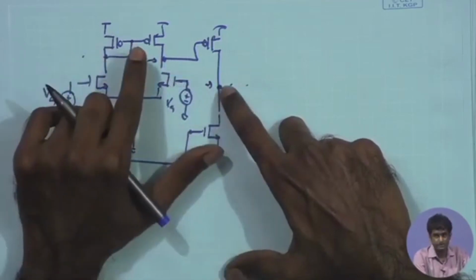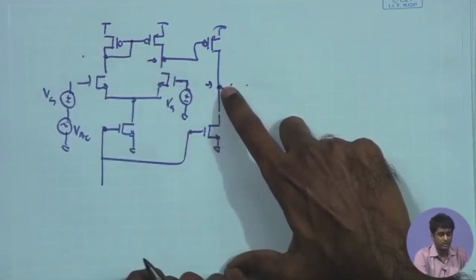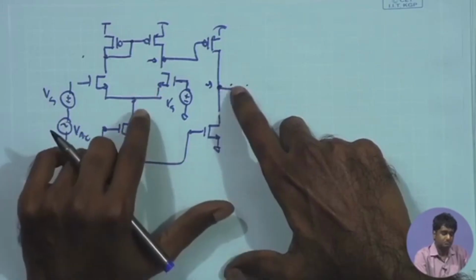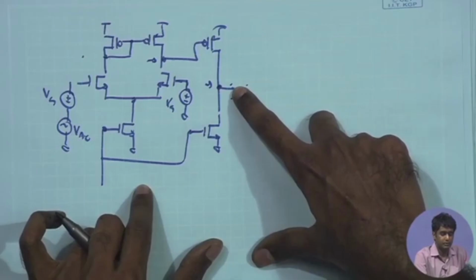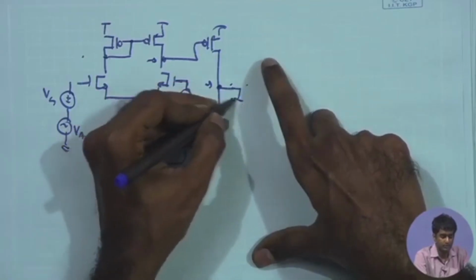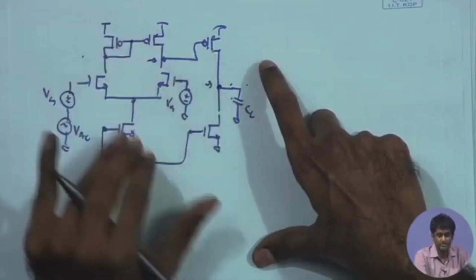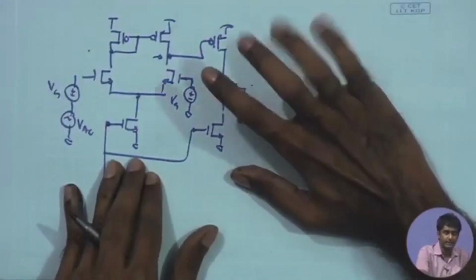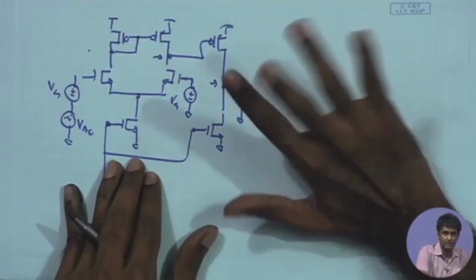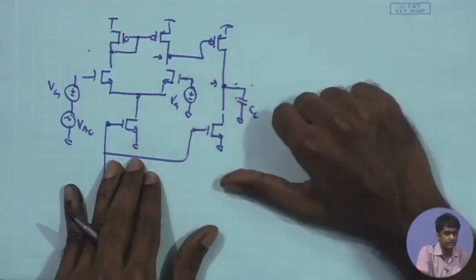Now, if I look at the output node and assume, of course, that you have a load capacitance over here which is sufficiently larger than parasitic capacitances, then the analysis will be simpler. In that case, I have CL times RO over here determining the overall bandwidth.